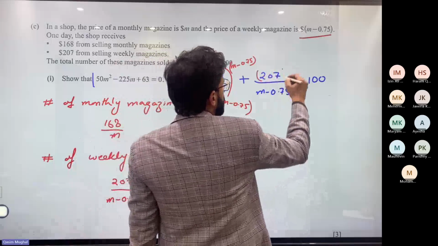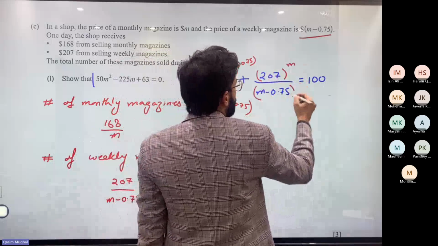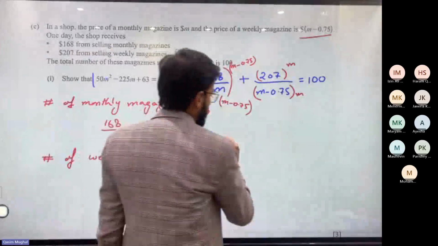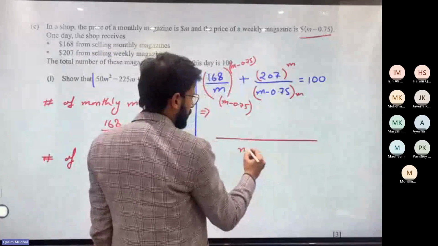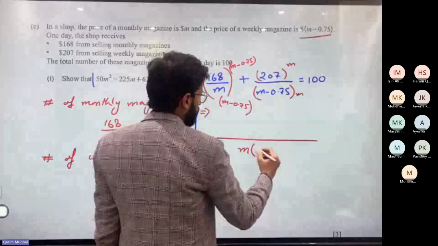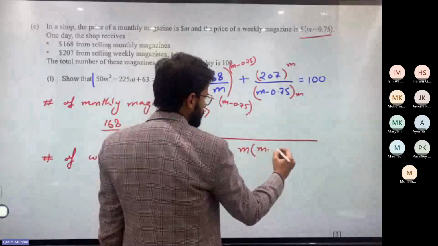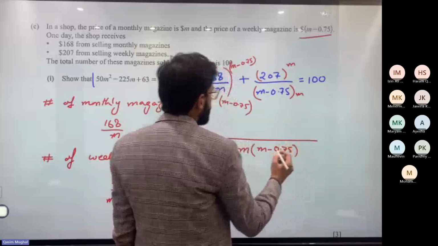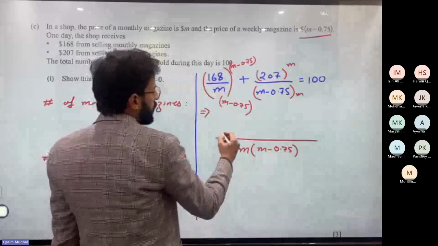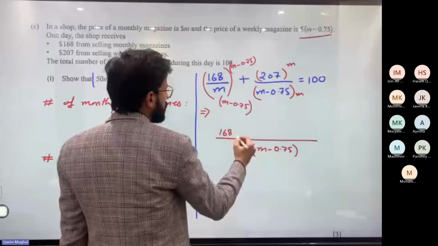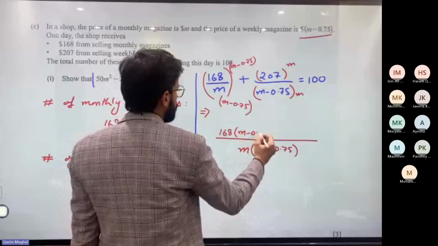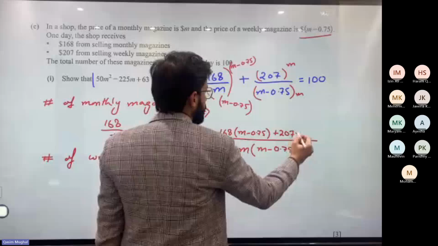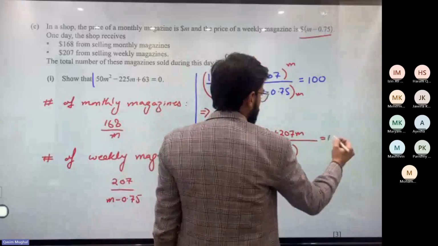For this one, in the numerator, I will multiply with m, and in the denominator, I will multiply with m. Now, once I have the same denominators, I'll copy down the denominators once as an LCM. So m times m minus 0.75. Okay, अब numerator में ऊपर क्या आएगा: 168 into m minus 0.75 plus 207m equals 100.